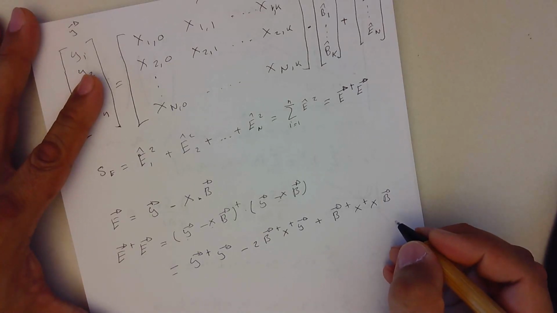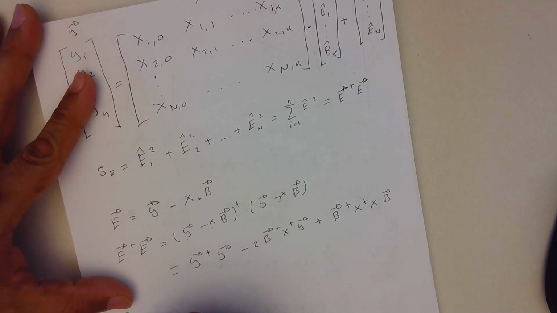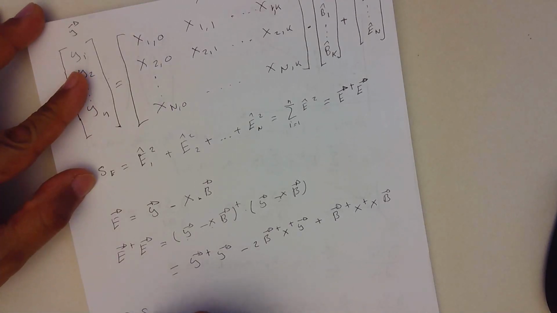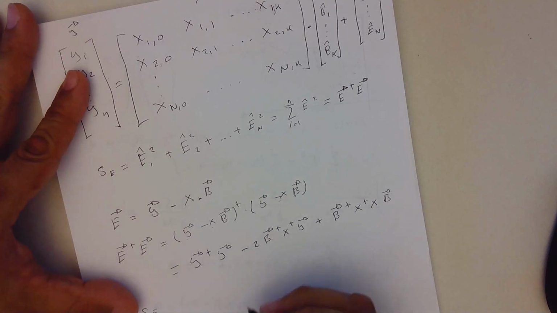And then what? We have to calculate the partial derivative of the sum of the squared errors with respect to all the variables in the vector that we have here.